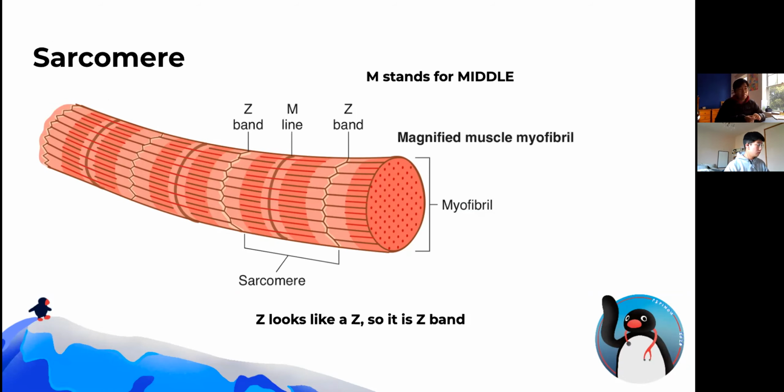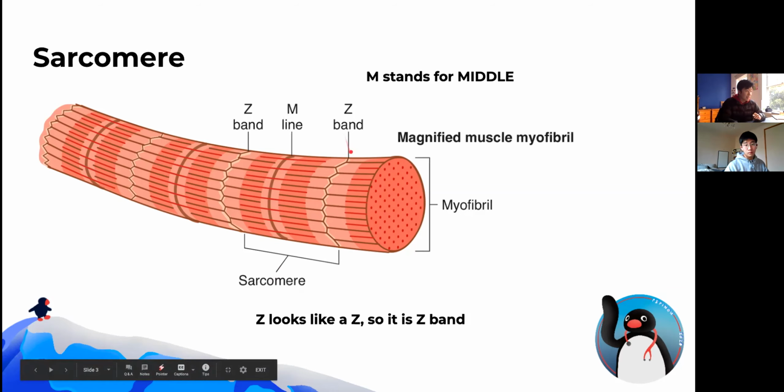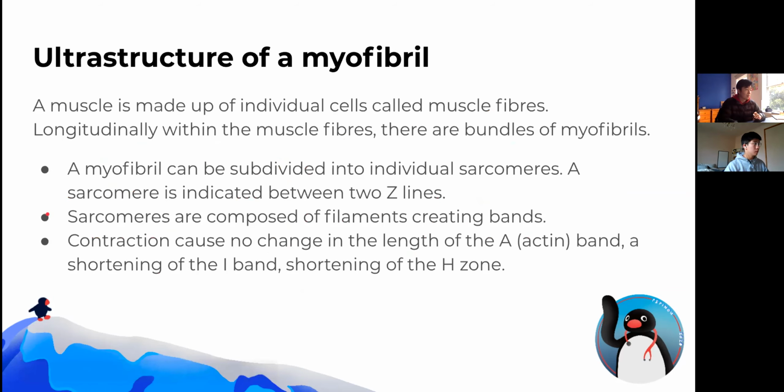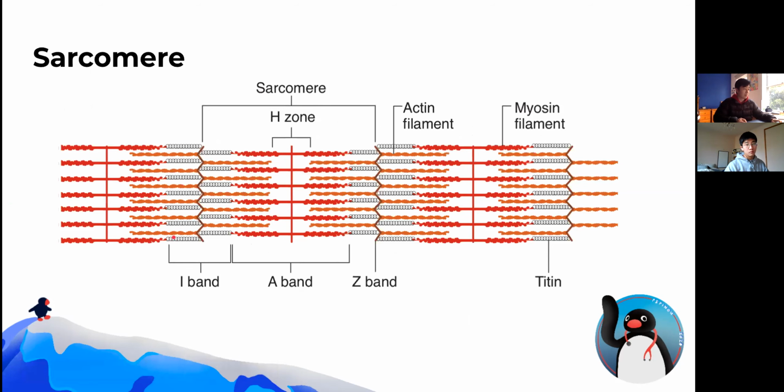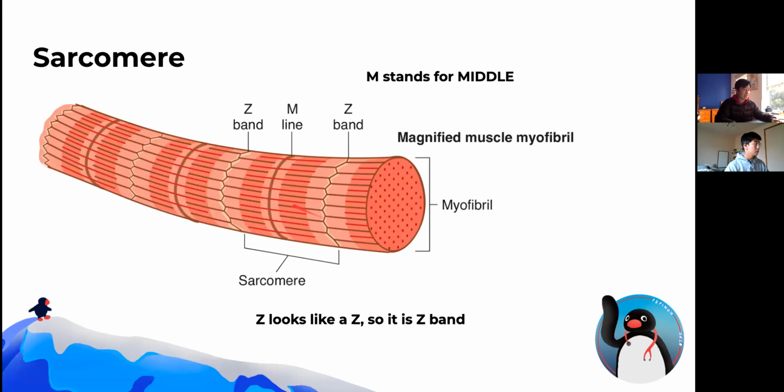Just think of M standing for middle, so it's right in the middle. Z, if you see here, it's got that Z shape. Yep, so we've got that Z-shaped squiggly line around here. That illustrates the Z band. And between the two Z bands, what do we have?